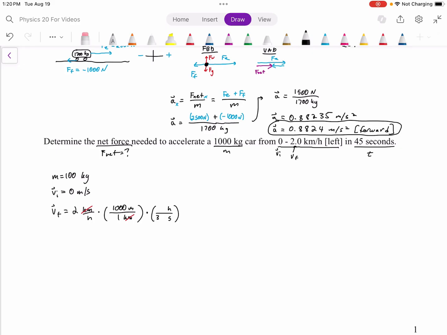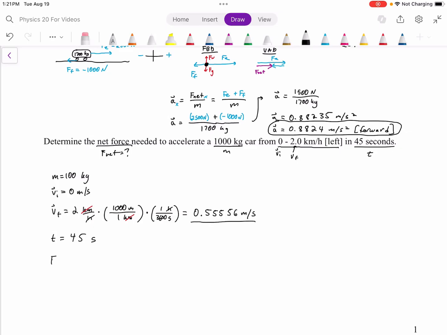You can check that our units are canceling out correctly, but 1 hour is 3,600 seconds. That gives us that 2 kilometers per hour is 0.5 repeating meters per second. Remember, we're not going to round that too much because we don't want to over-round and end up changing our final answer. We also know that the time we want it to do this acceleration in is 45 seconds.